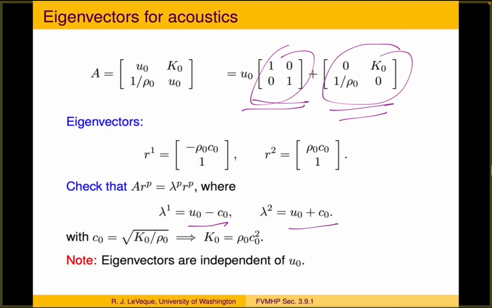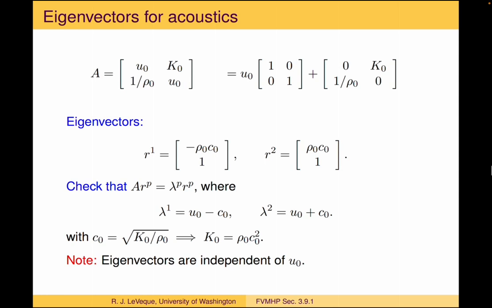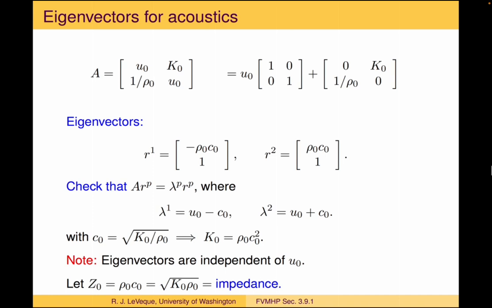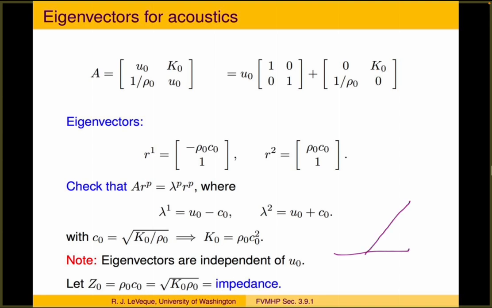It's only the eigenvalues that get shifted, and they get shifted in exactly the way we expect: if you're linearizing about gas that's moving at some constant speed u0, then the sound waves are moving relative to that gas speed. Maybe I should draw one picture here to illustrate that.